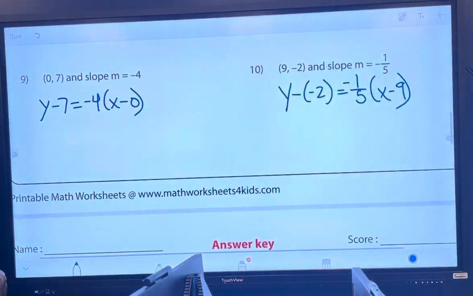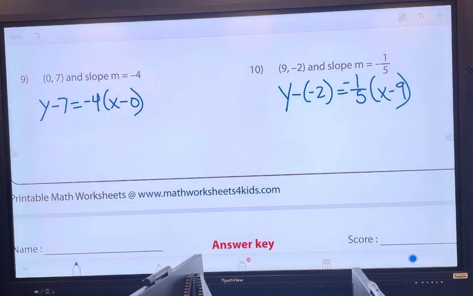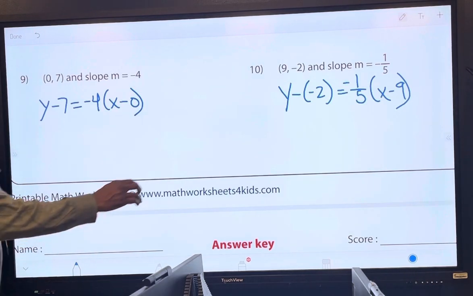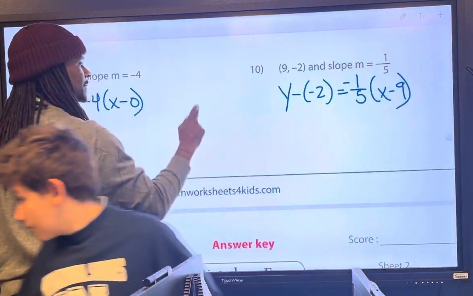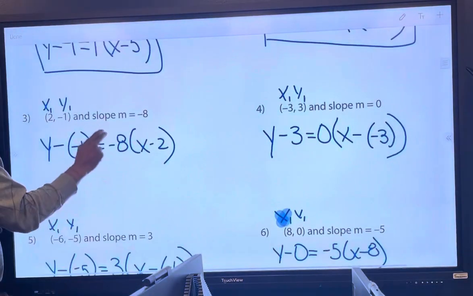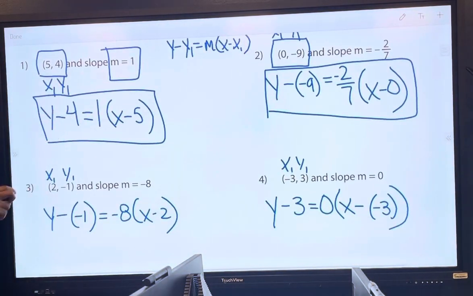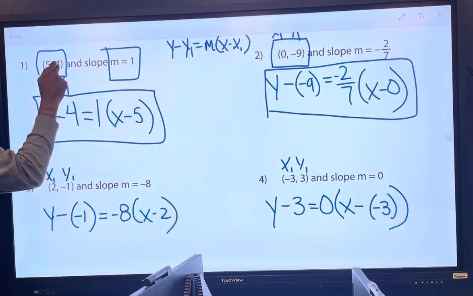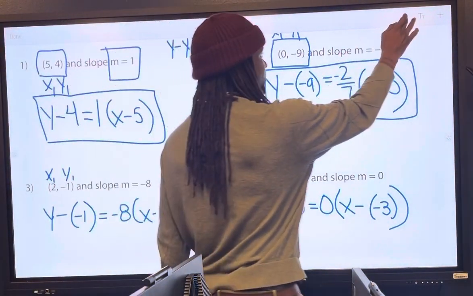Everybody slide to number 1. Now, remember, we're back on our sheet. Let me do this in another color.